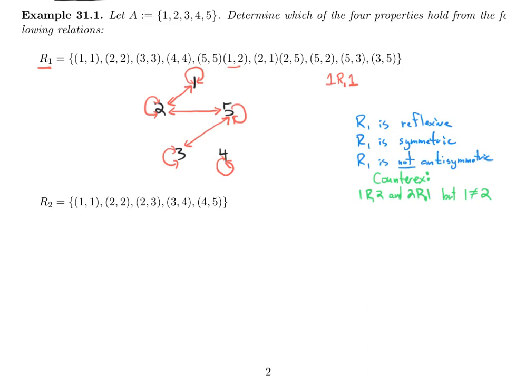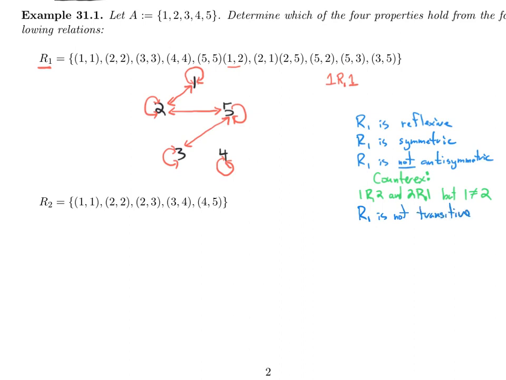Next, we have to decide, is this transitive? Well, let's look at this. We have 1 is related to 2, 2 is related to 5, but we don't have a direct path from 1 to 5. So this is not transitive. So R1 is not transitive.